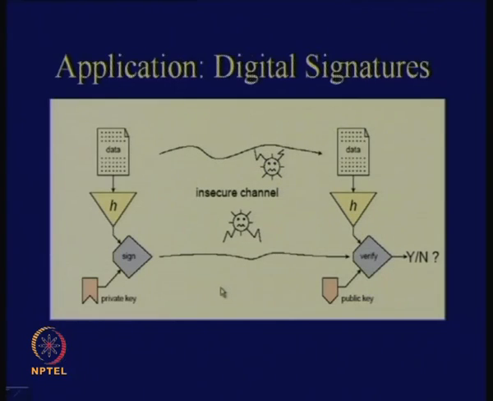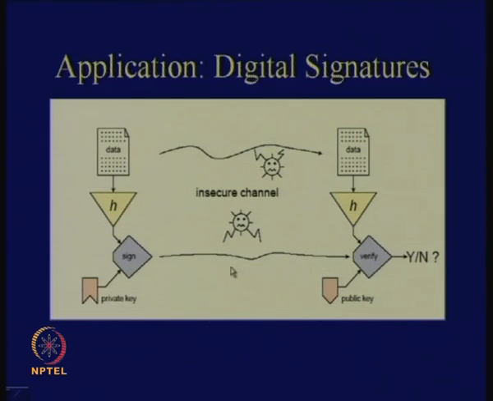So this is an example of a digital signature. I think all of us know what a signature is, and also to some respect what a digital signature is. So there is some data which I would like to send over the insecure channel, but at the same time I would like to also sign this piece of data, okay. So what I do, I apply this hash function h, but at the same time I sign my data using my private key, okay, and then I transfer this over the insecure channel.